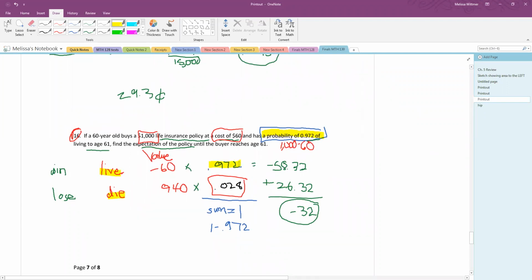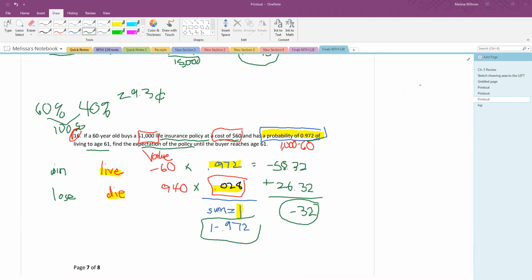And when you look at opposite probabilities, they have to add up to 1 or 100%. Kind of like, if I say there's a 60% chance that it's going to snow, then there would be a 40% chance that it wouldn't snow, and that adds up to 100% or 1. So 0.028 came from doing 1 minus 0.972, and that gave me the missing probability there.